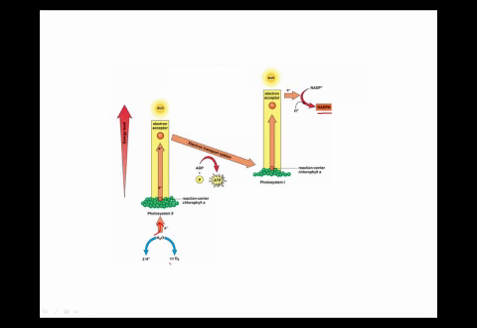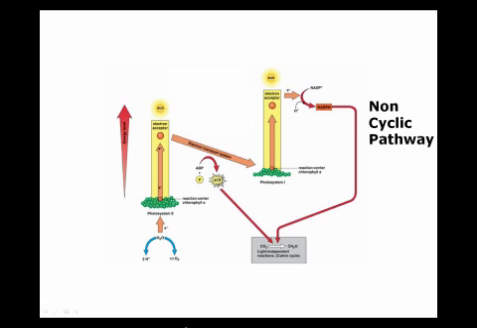This is where the oxygen byproduct is produced in photosynthesis. So the non-cyclic pathway produces both ATP and NADPH. Those molecules then can be used in the light-independent reactions of the Calvin cycle to produce glucose.